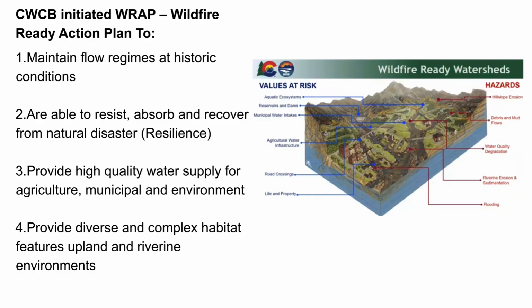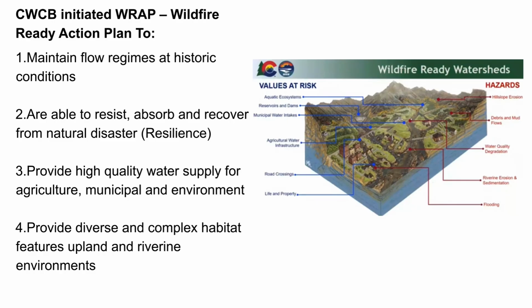This is what the Colorado Water Conservation Board, the ones that made the whole Wildfire Ready Action Plan, want these reports to come out with. So maintain flow regimes at the historic conditions. They want us to be able to resist, absorb, and recover from natural disasters, so make our watersheds more resilient.